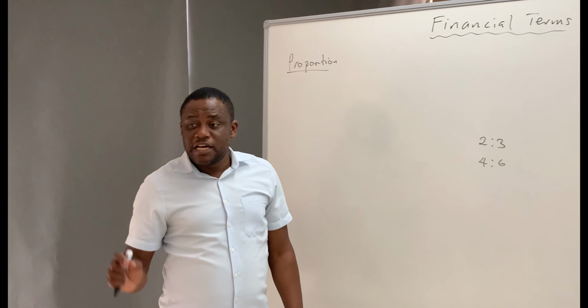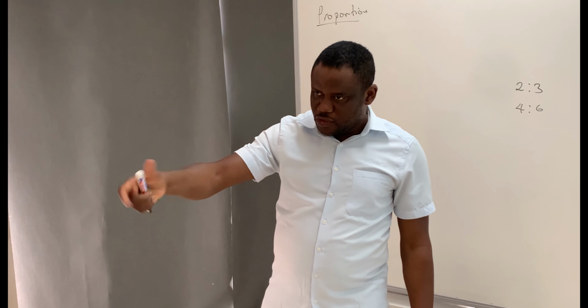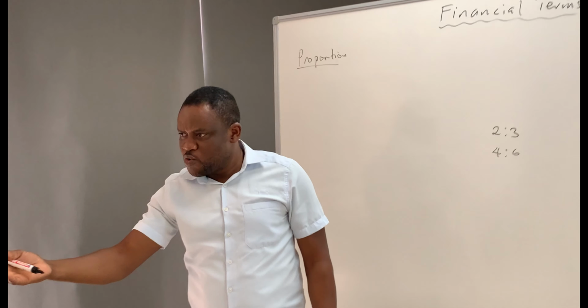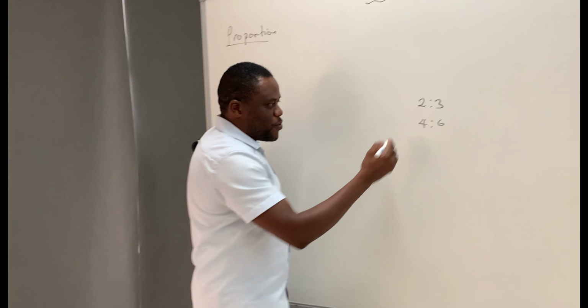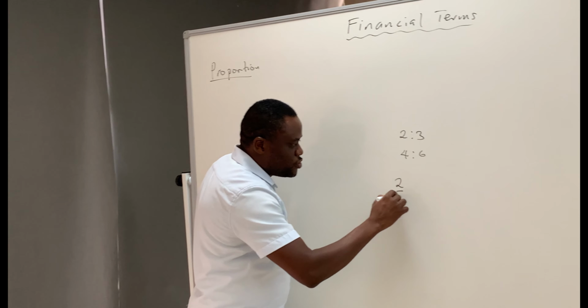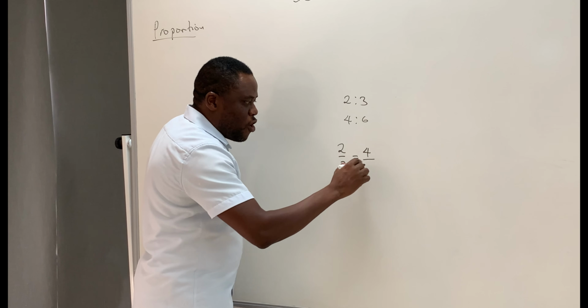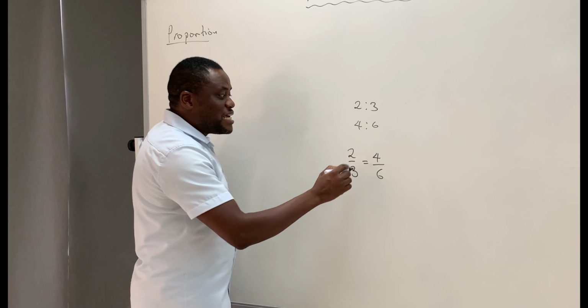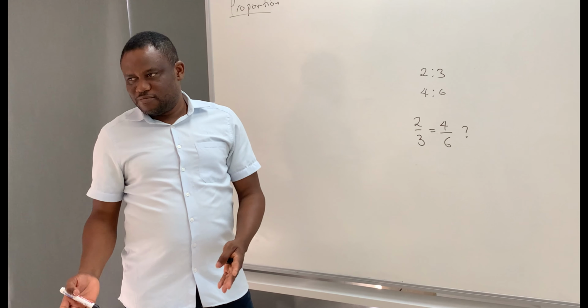So we want to check if this proportion is the same. So as I said, proportion is an equation of ratio. Equation, you know what equation? Equality. So now what's proportion of this? 2:3 is the same with 4:6. The question is, is it the same? That is the proportion.